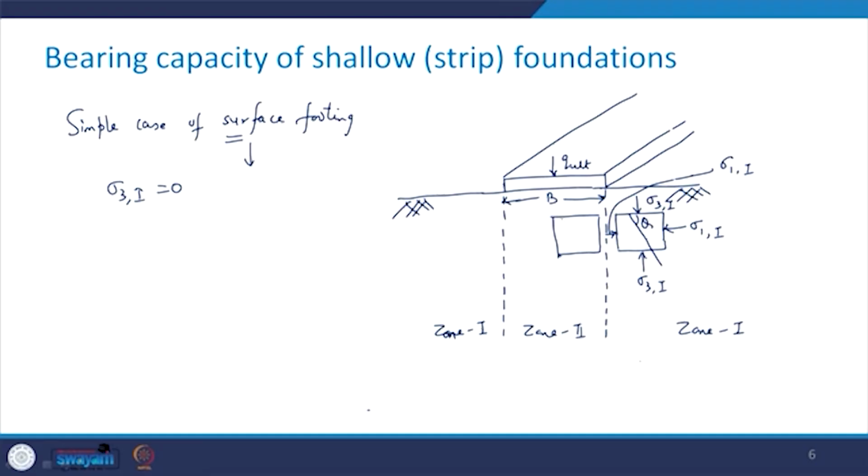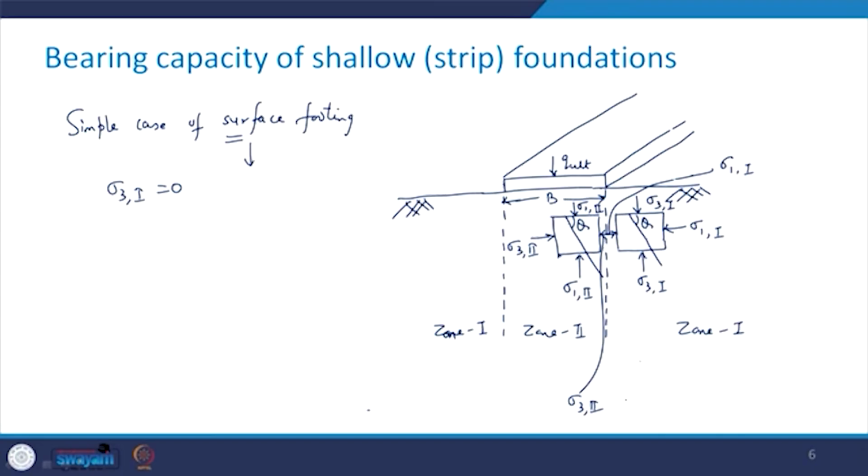Now, come to this zone 2. Again here we have this discontinuity which is at an angle of theta. In this case here we have sigma 1 of zone 2. Let me write it with more clarity here, sigma 1 of zone 2, and here we will have sigma 3 of zone 2. Similarly, here also we will have sigma 3 of zone 2.